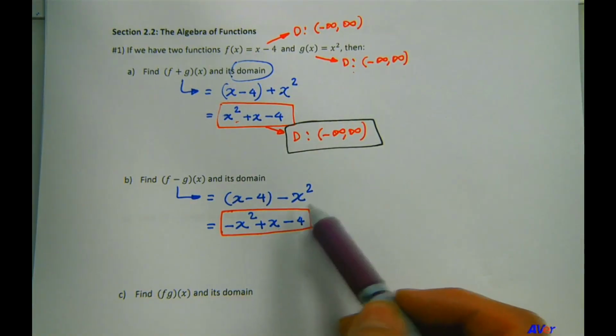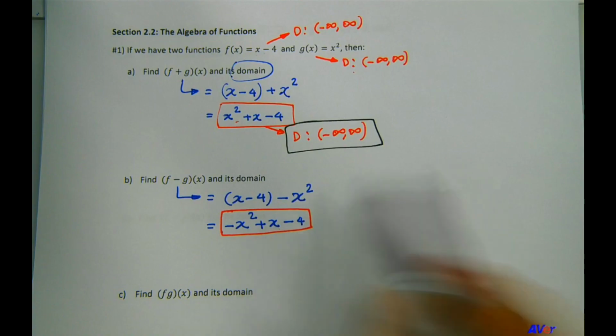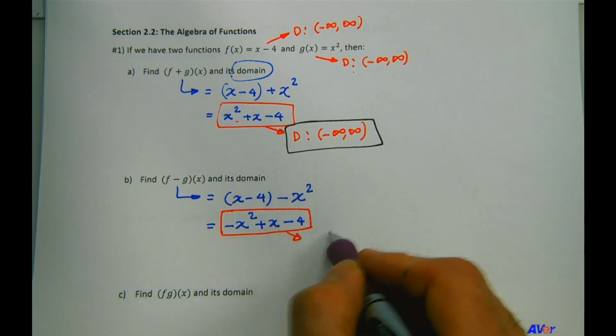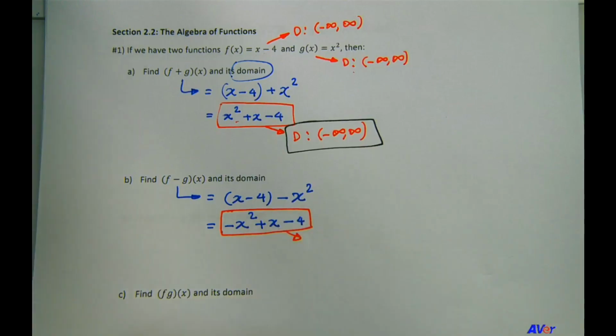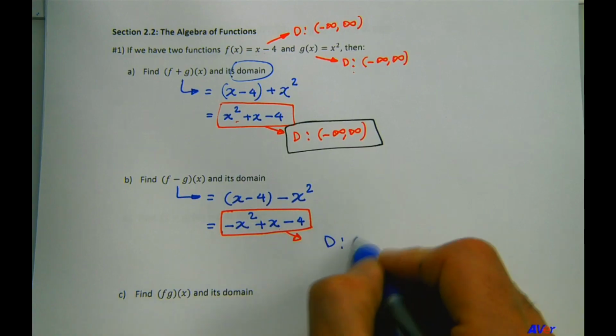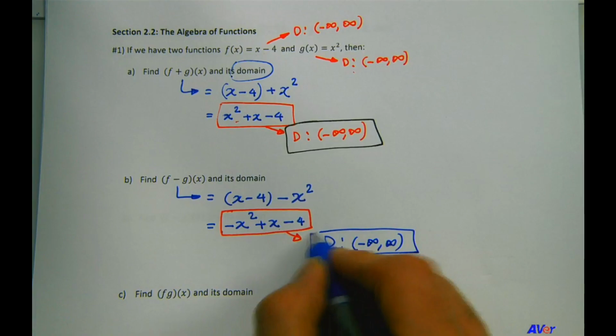No. Do you see any rational function with x in the denominator? No. So there is no restriction to this. Therefore, the final domain of the combined function is going to be negative infinity to infinity as well. Okay?